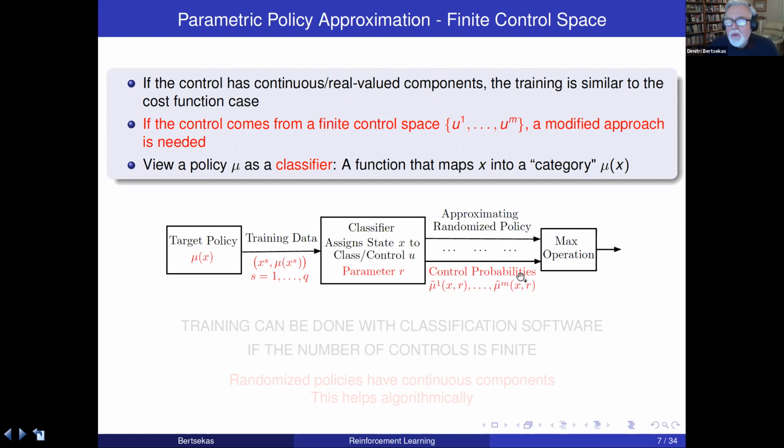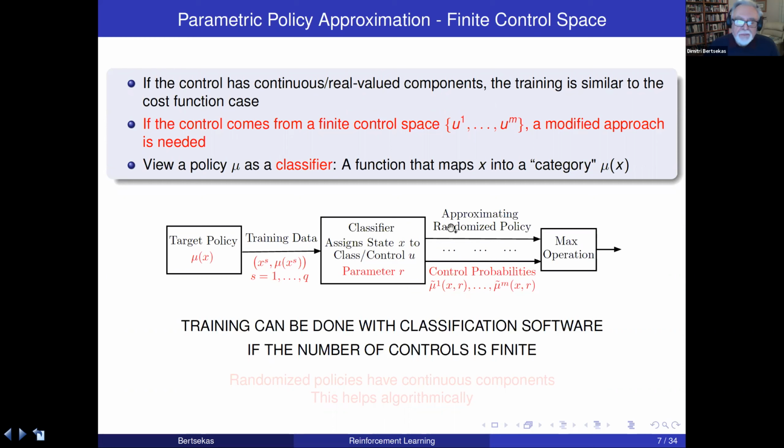Now, once you have a probability distribution, you can obtain a single control by using a max operation. In other words, you assign to state X a control that has the maximum probability out of the probability distribution produced by the classifier.